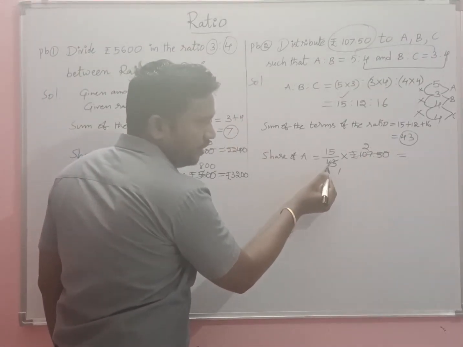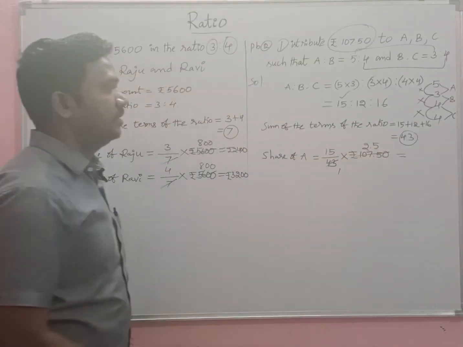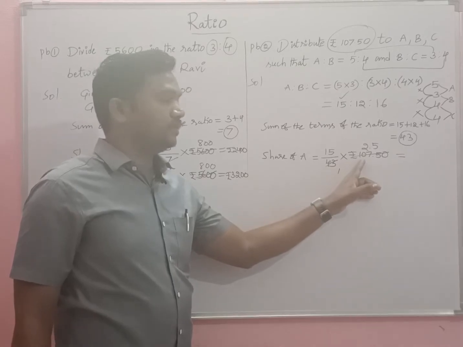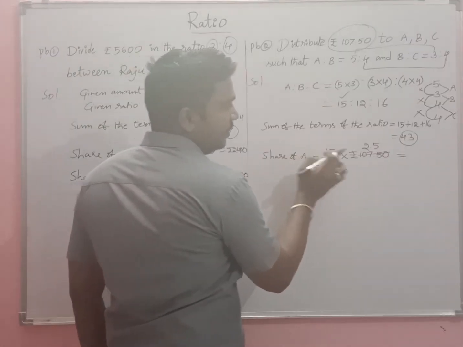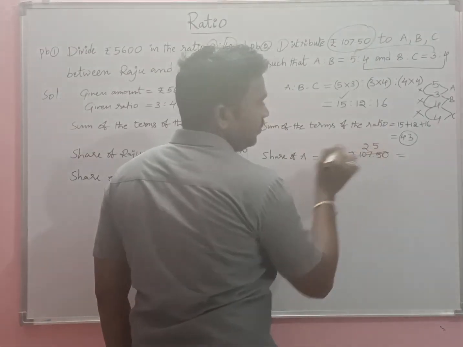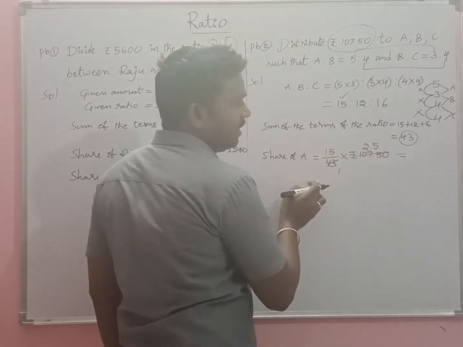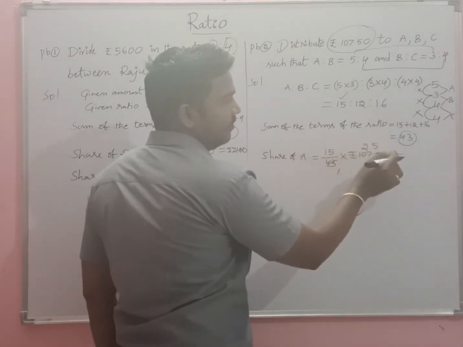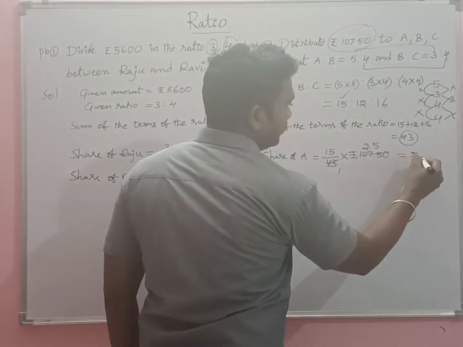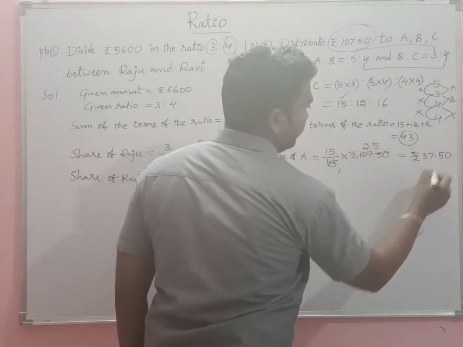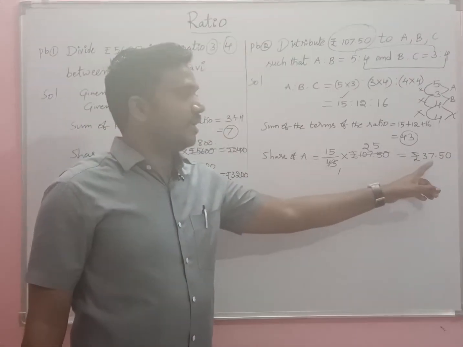So 43 5s are 21.5. Now 15 into 2.5. 15 twos are 30, 15 halves is 7.5. So 37.50. It means that rupees 37.50 paisa.